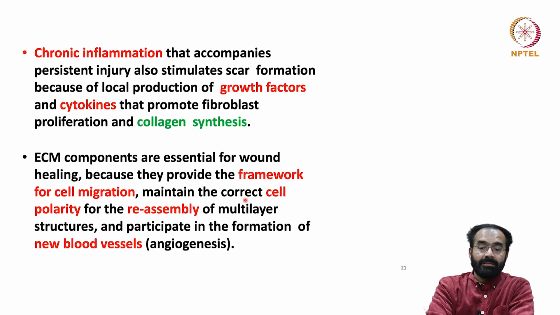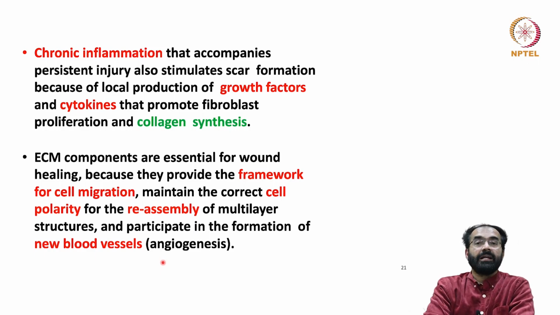They maintain the correct cell polarity for the reassembly of multilayer structures, and they also participate in the formation of new blood vessels called angiogenesis. So what we saw so far is how and when a regenerative response occurs in a given tissue based on the availability of stem cells or based on the extent of damage.